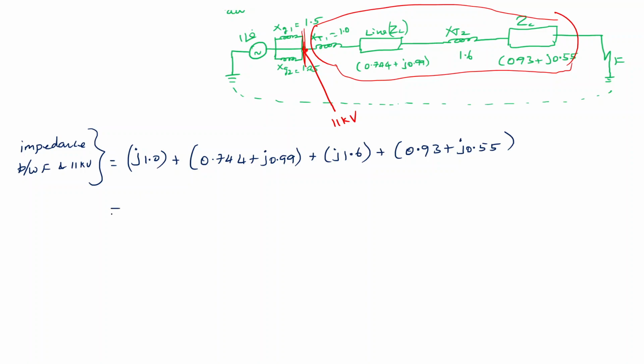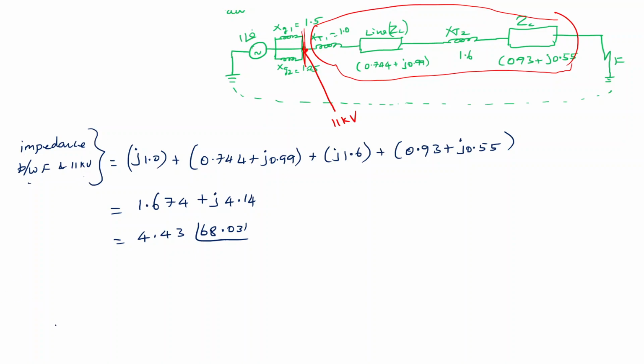So how much is the total? It will be 1.674 plus J 4.14, and if you convert this you get 4.43 angle 68.031.